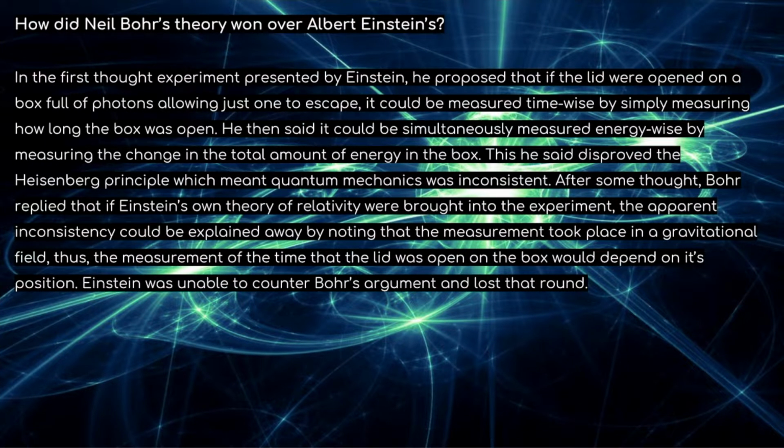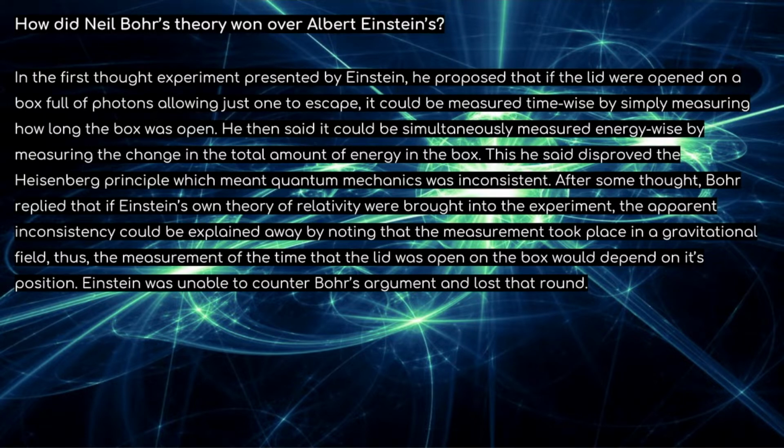Now, there was a theory that Albert Einstein did not agree to, but Niels Bohr did. So here's how Niels Bohr's theory won over Albert Einstein's. In the first thought experiment presented by Einstein, he proposed that if the lid were opened on a full box of photons, allowing just one to escape, it could be measured time-wise by simply measuring how long the box was open.